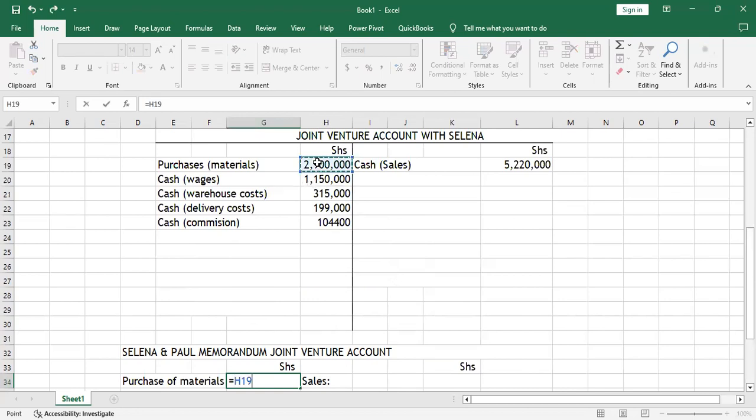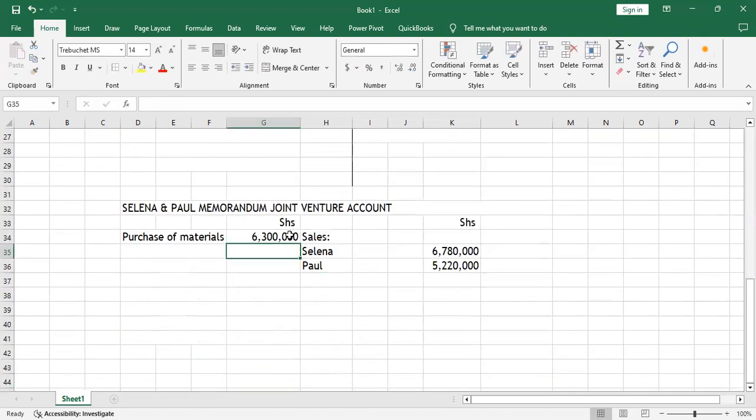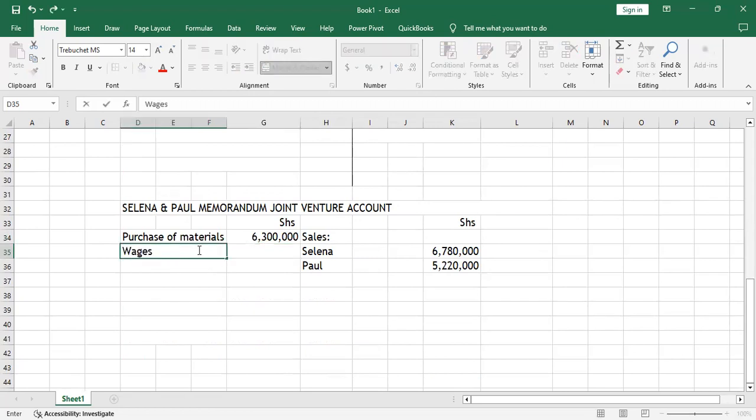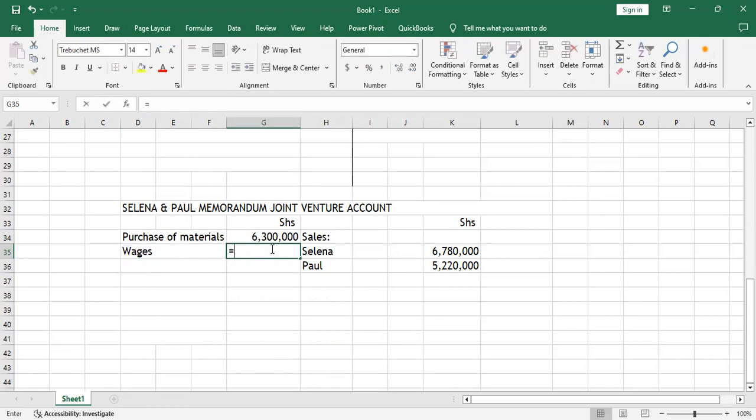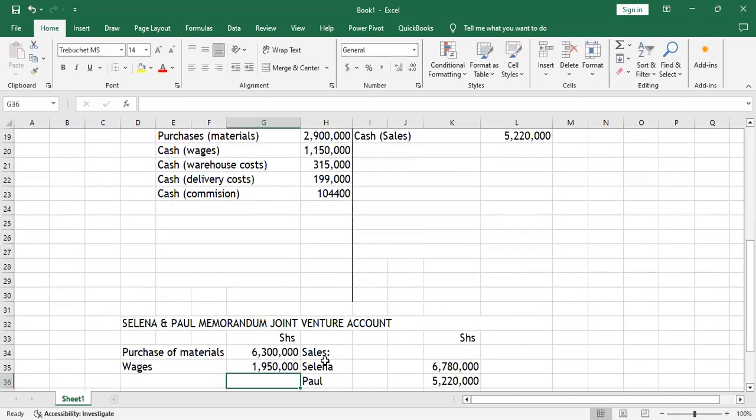So I get this plus that, to get 6.3. Then the wages, you also add the wages for the two parties, add this, and get that.